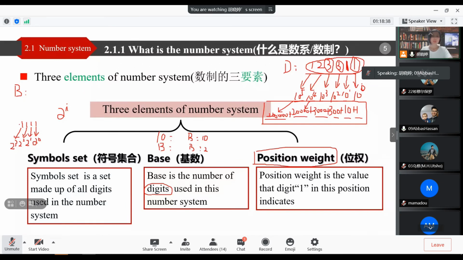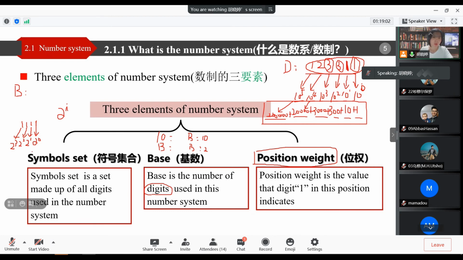So that's 1111 for the binary system. 1111 will represent some number, but its real number is related to its weight. For this position, its weight will be 2 power of 0. That will be 2 power of 1.